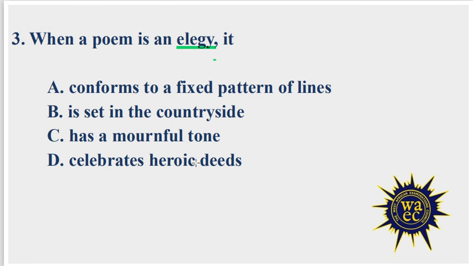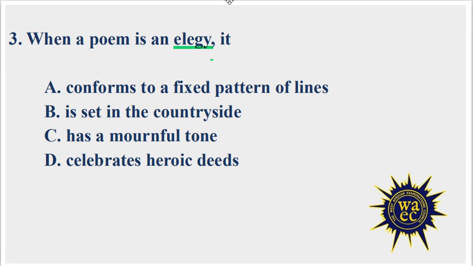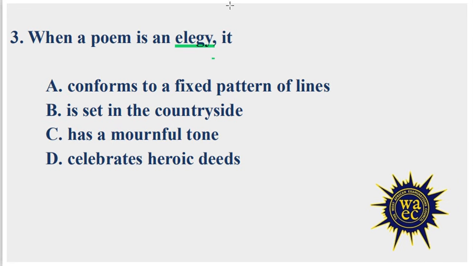An elegy is a form of poetry that expresses sorrow or lamentation, typically in response to the death of a person. So when a poem laments or expresses sorrow, option C is likely to be the correct option. It has a mournful tone.